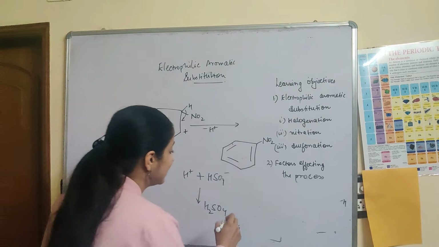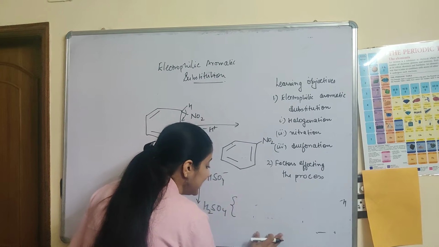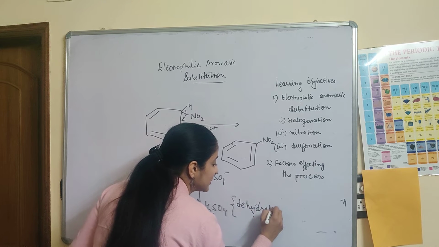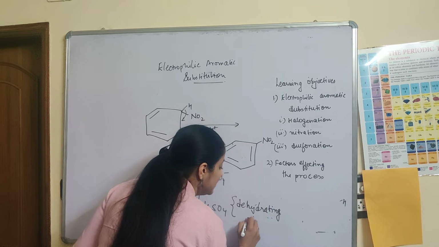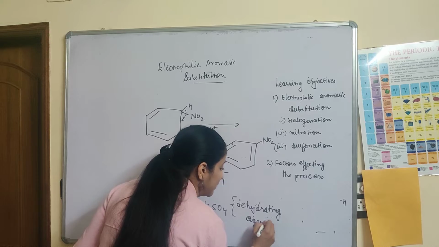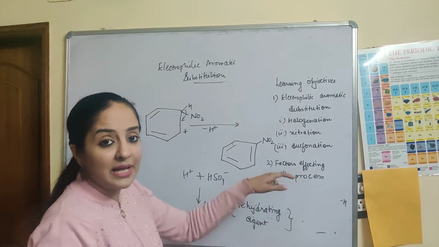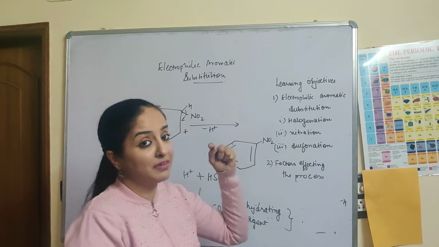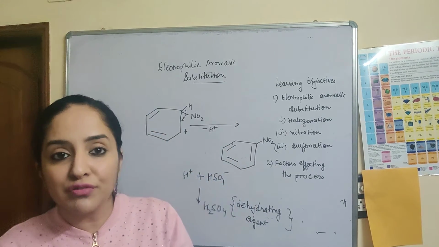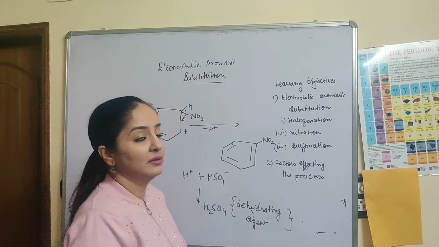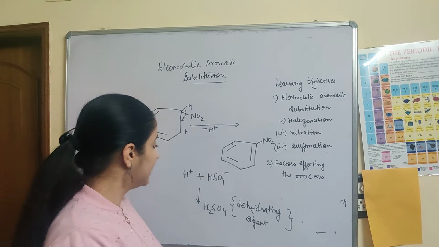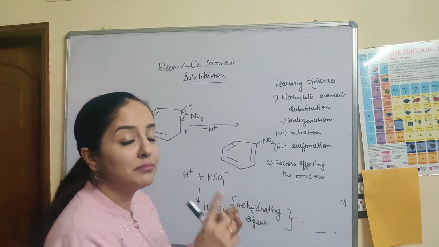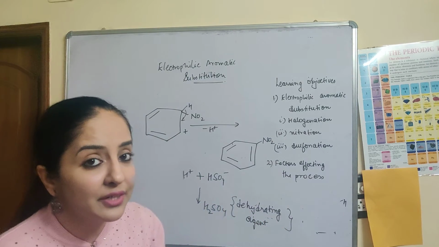Apart from being the catalyst, we use H2SO4 specifically in nitration because it is also a dehydrating agent. Dehydration means loss of water. So it helps in taking off the molecule of water which was generated in the very first step when we were generating the electrophile, the nitronium ion. It absorbs that water molecule. So apart from being the catalyst, it is also the dehydrating agent here, students.